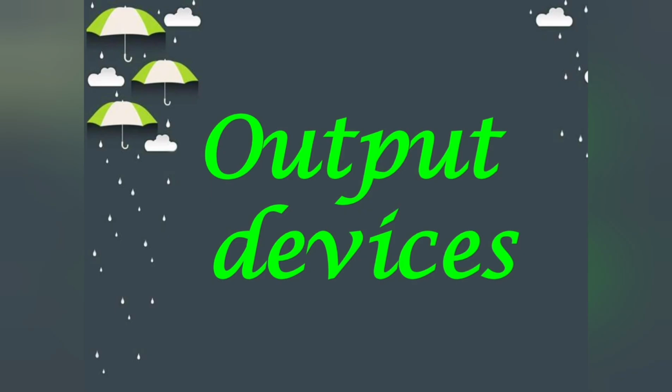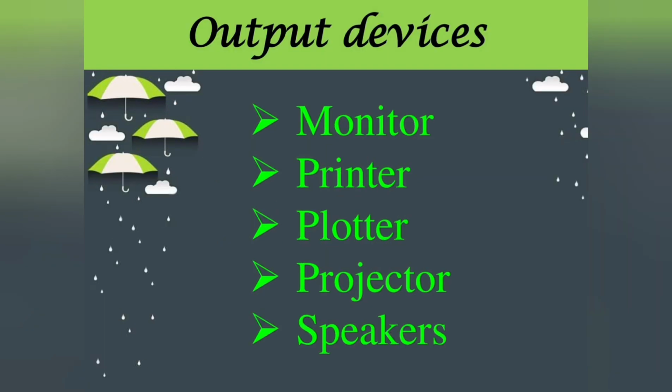Now we are going to discuss the third device, that is output devices. Here are some examples of output devices: monitor, printer, plotter, projector and speakers.